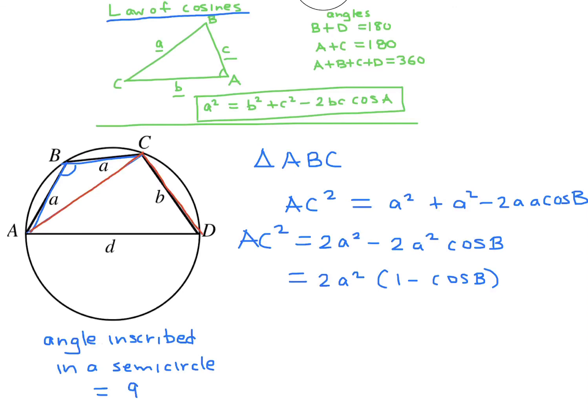How many degrees? 90 degrees. All right? And that's very helpful. So now, the next step in this question is recognizing that for AC, we can use Pythagoras. AC right here is equal to AD squared minus CD squared, right?